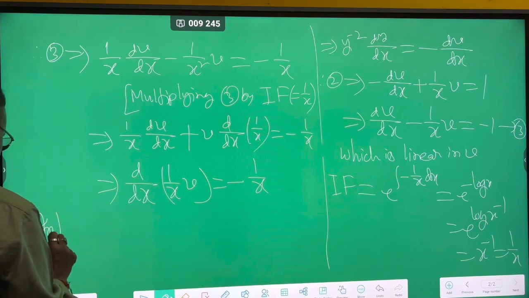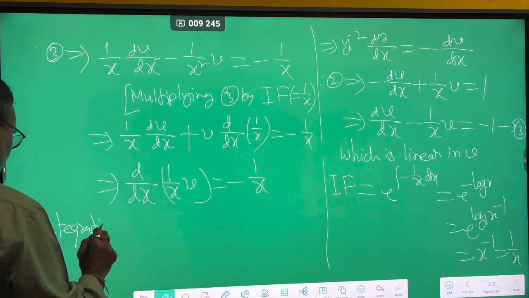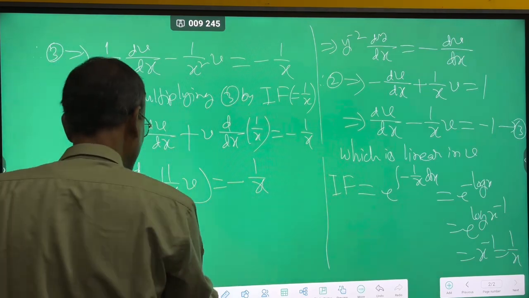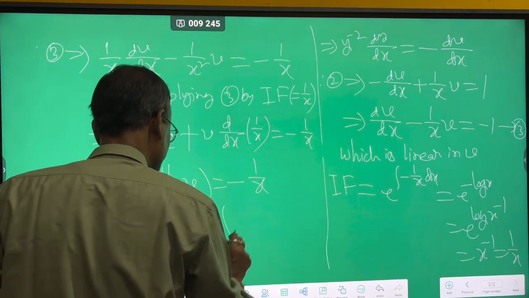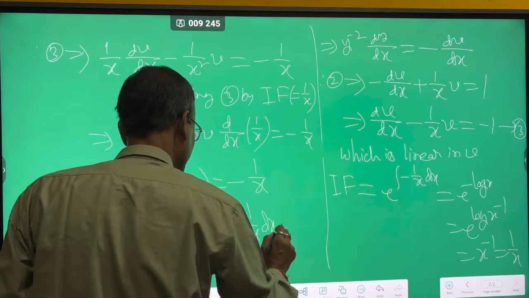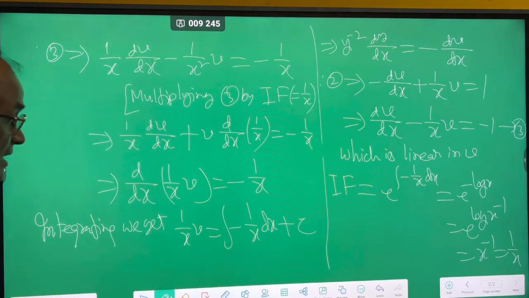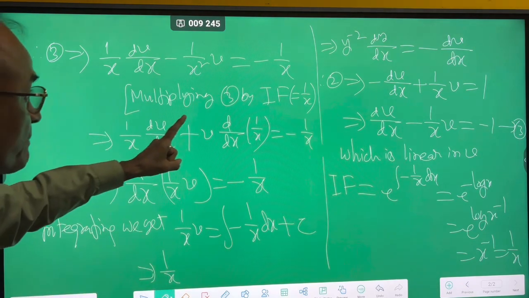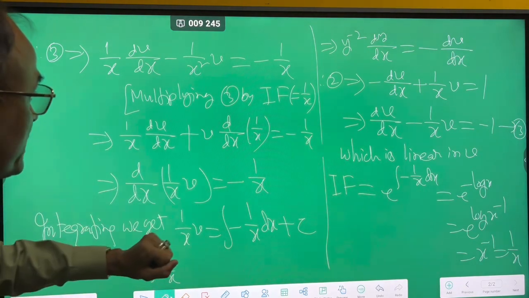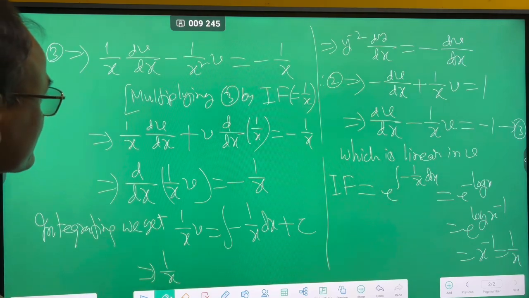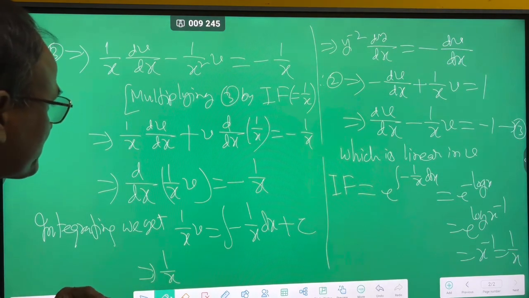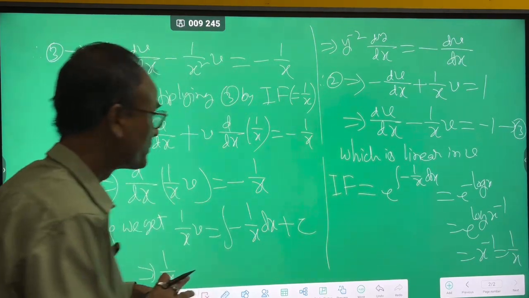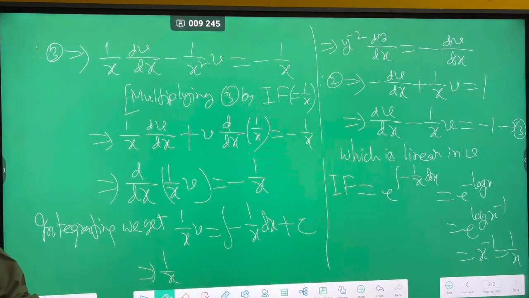Integrating we get 1 by x v equal to integral minus 1 by x dx plus c. This means 1 by x, what is v? v is y to the power minus 1.